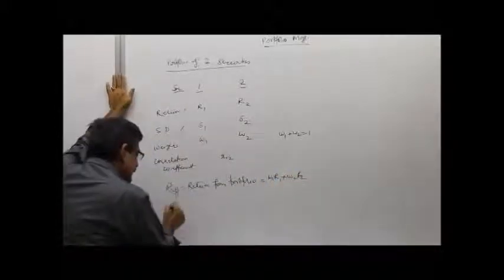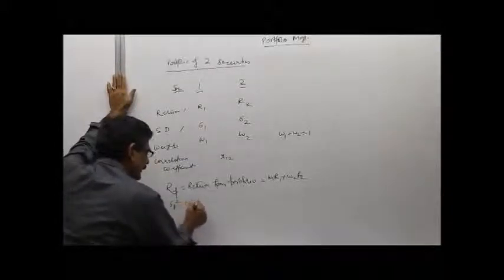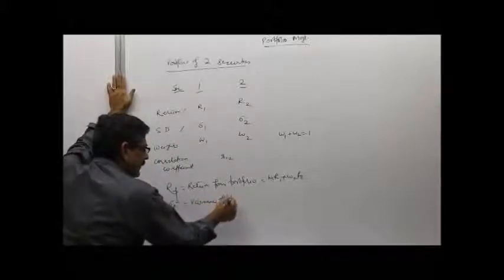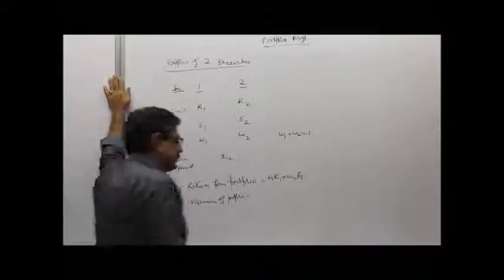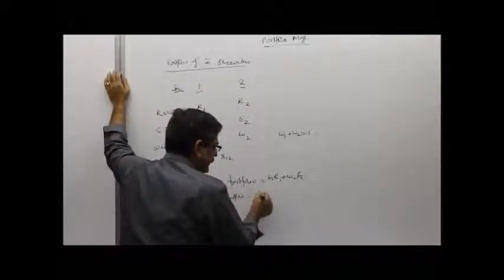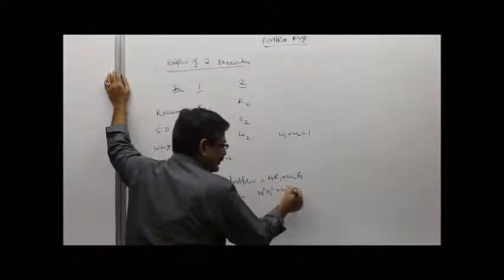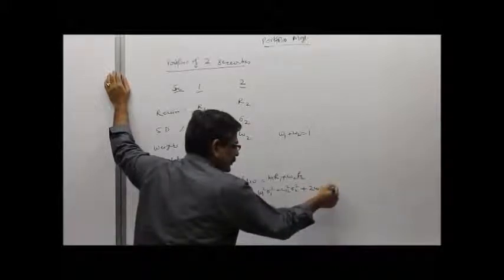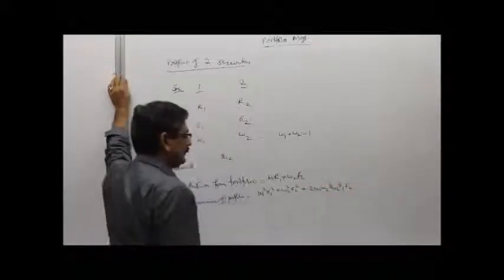Similarly, sigma p square, which is the variance of the portfolio, as per statistics, the formula goes like this. It is W1 square sigma 1 square, plus W2 square sigma 2 square, plus 2 W1 W2 R12 sigma 1 sigma 2.